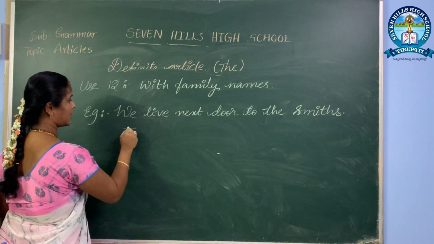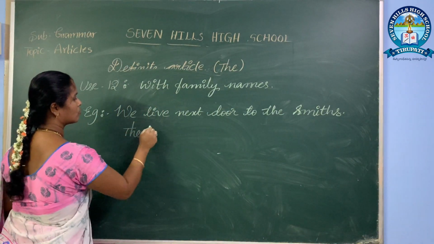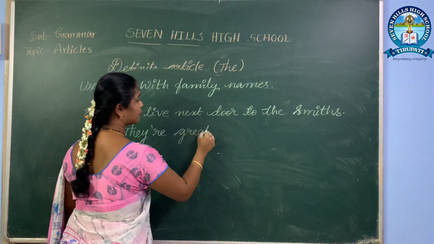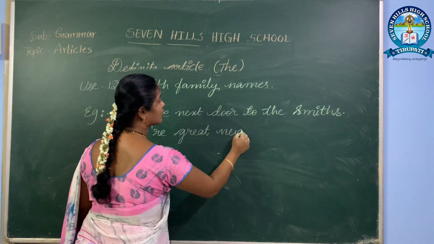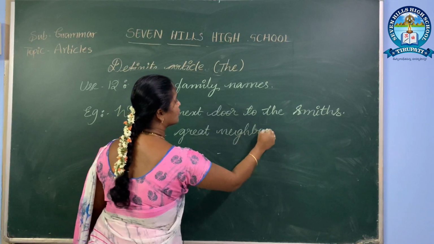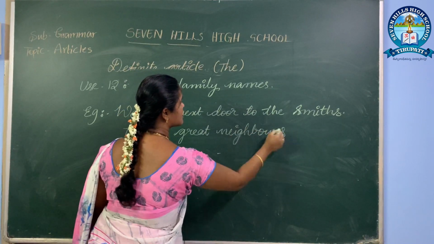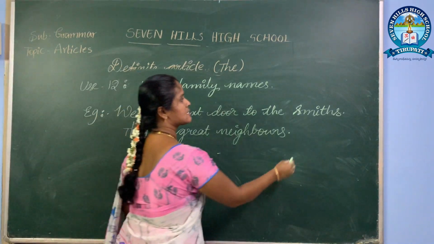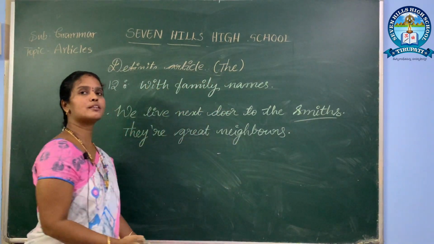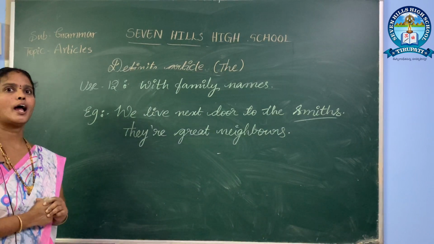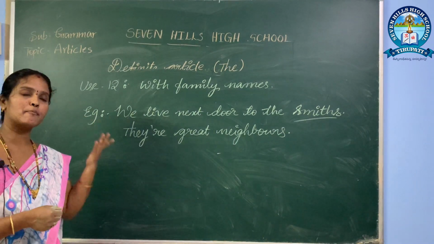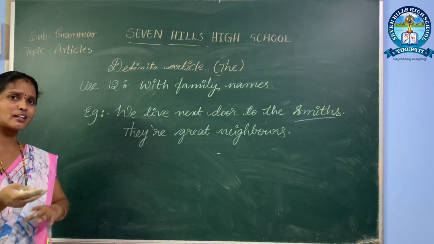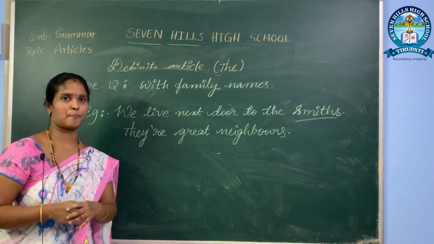They are great neighbors. See, in this example, I used Smiths. Actually, Smith is a family name, and maybe the family members are John Smith, Mary Smith, and so on, the other family members in the family.